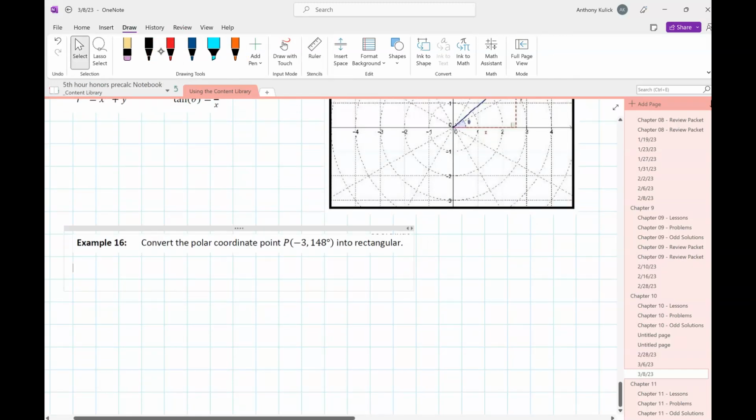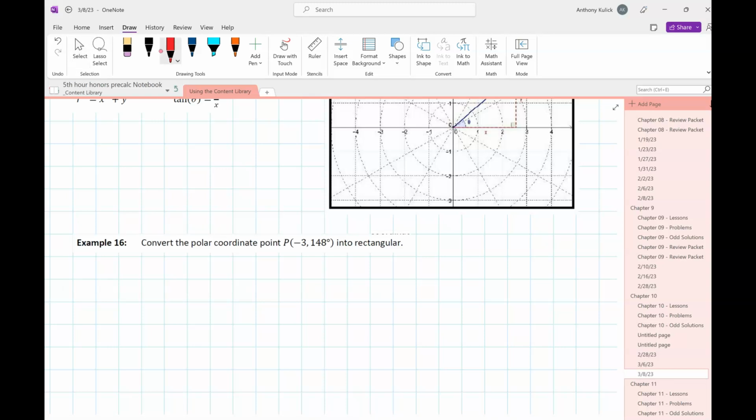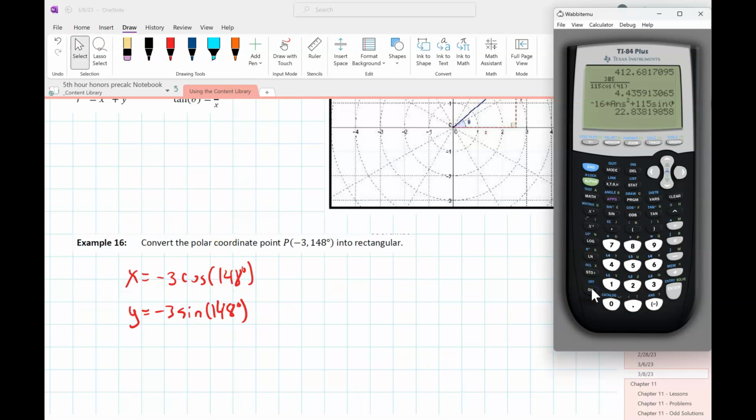All right, so given the polar coordinate (-3, 148), we want to convert that into rectangular. To get my x coordinate, I'm going to do r times cosine theta. And the y, I'm going to do r times sine theta. I'm going to make sure I change my mode to degrees. Okay, did that.